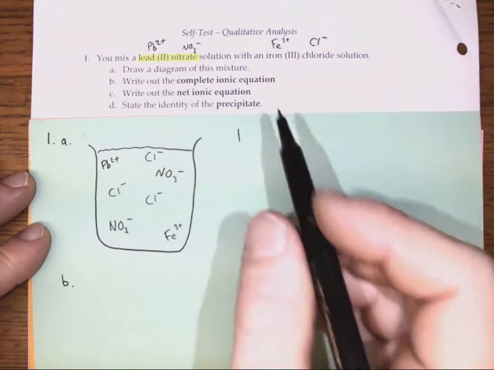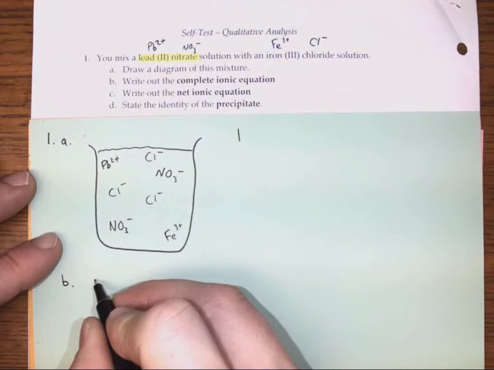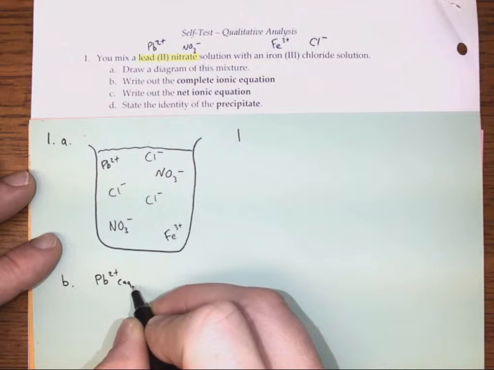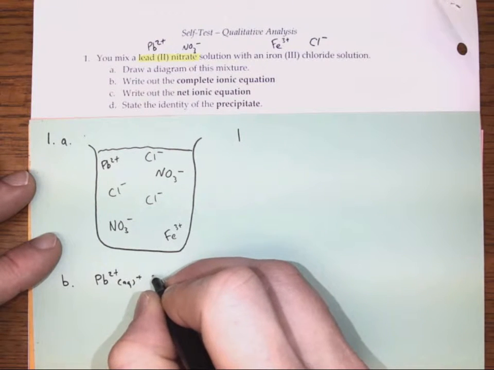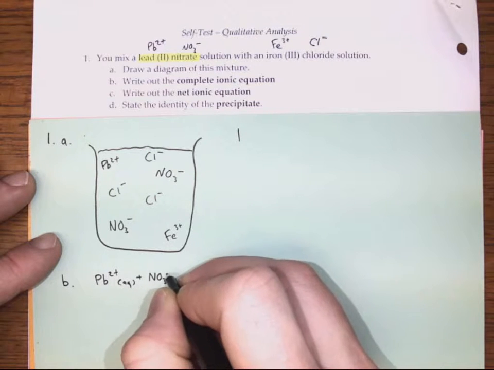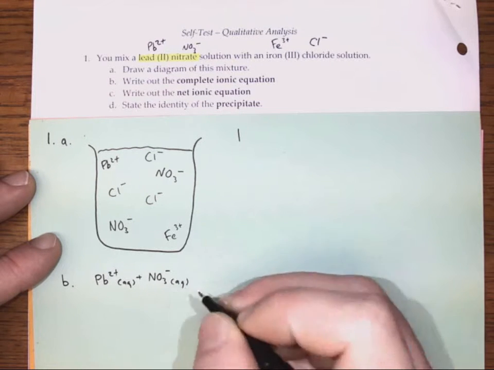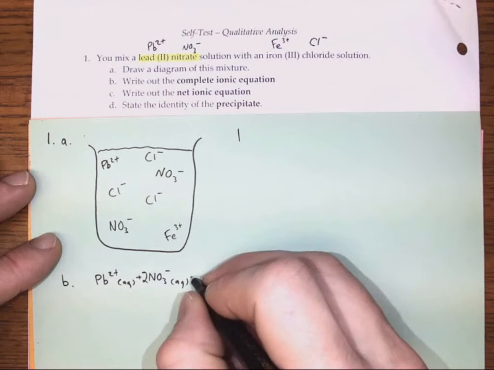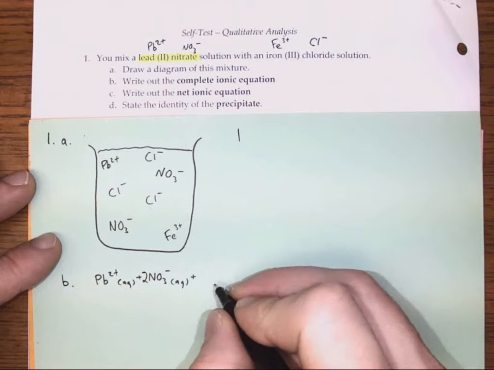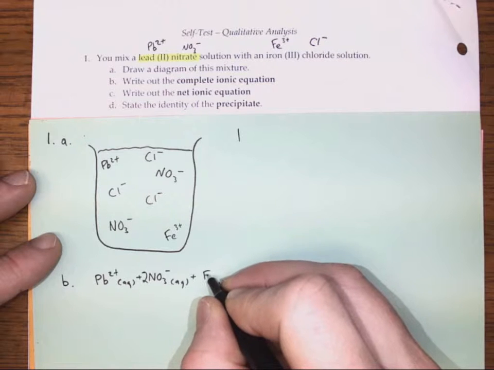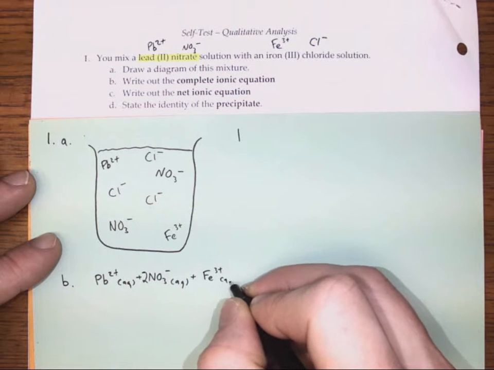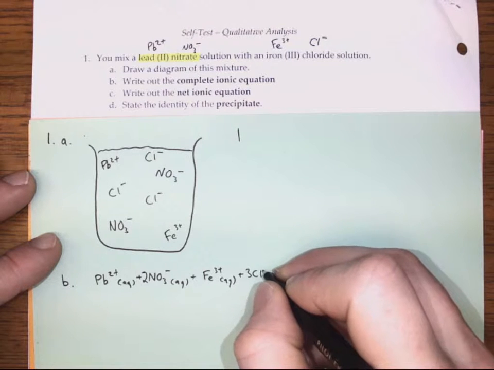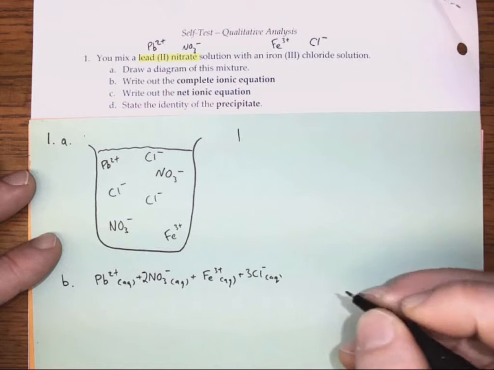We're asked to write out the complete ionic equation. So when we mix these together, some Pb2+, which is aqueous, and some nitrate, which is aqueous, and I guess there are 2 of these compared to 1 of these, and I'm going to add that to some iron 3+, aqueous, and 3 chlorides, also aqueous.